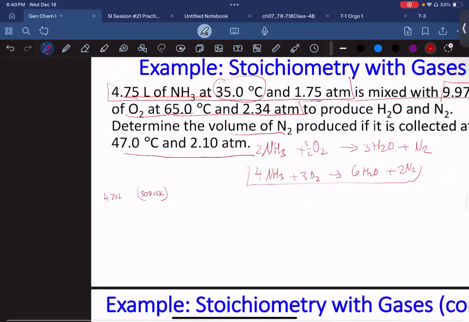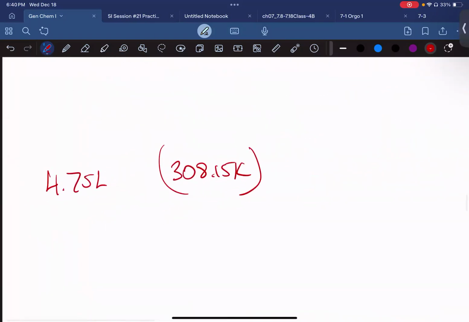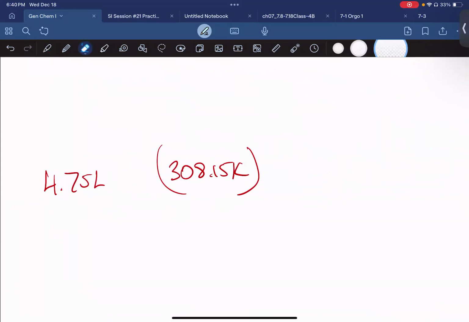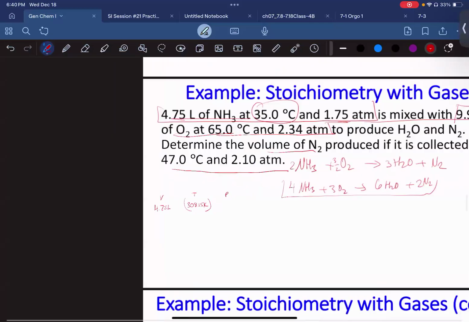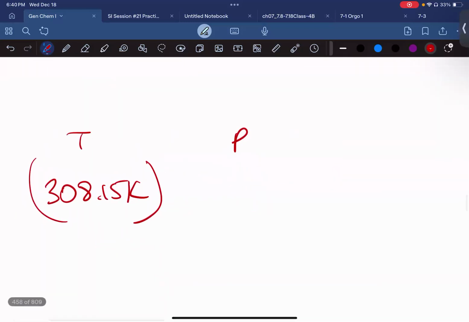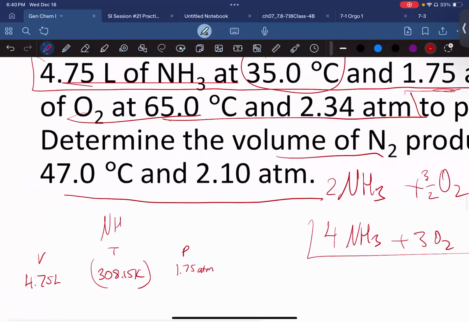I just did 25 plus 273 plus 10. That's the temperature, T, then V, and P. P would be 1.75, looks like 2, atmospheres. And this is all for ammonia.